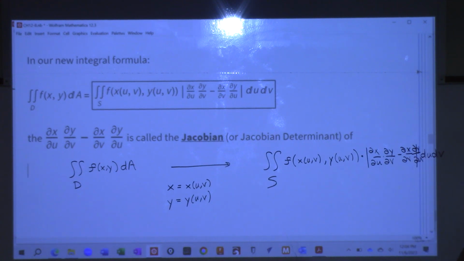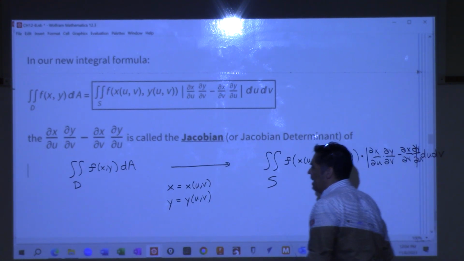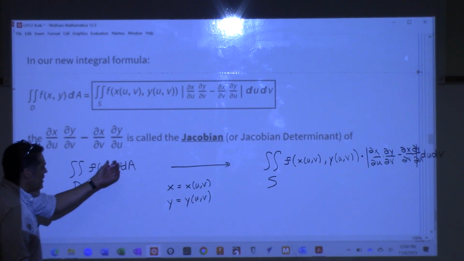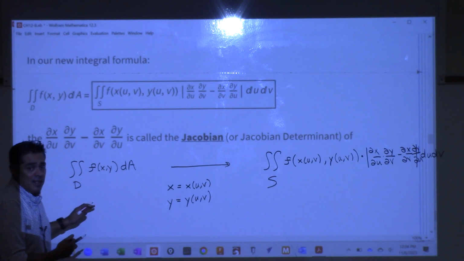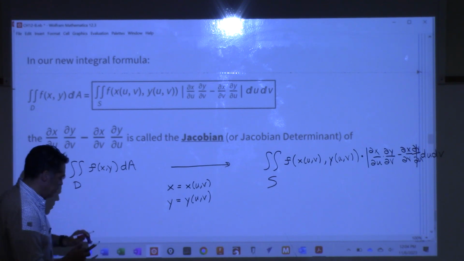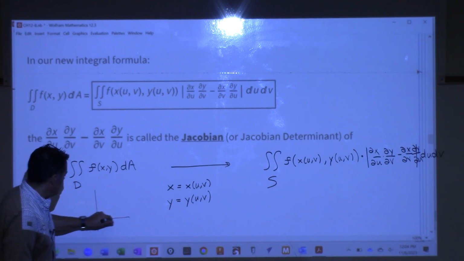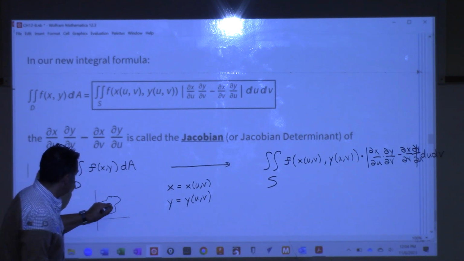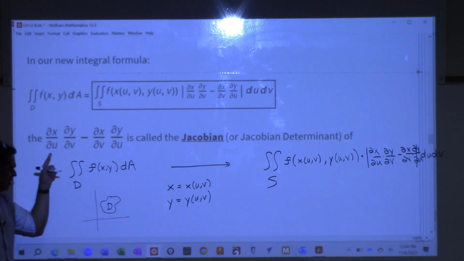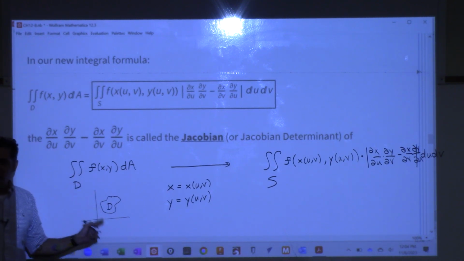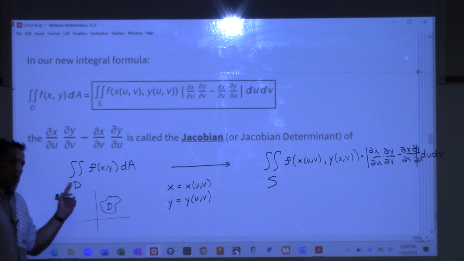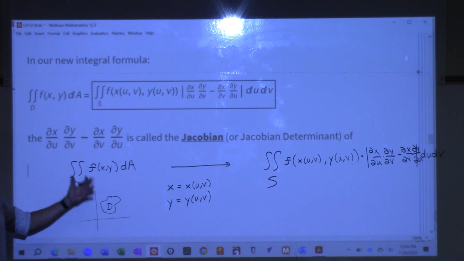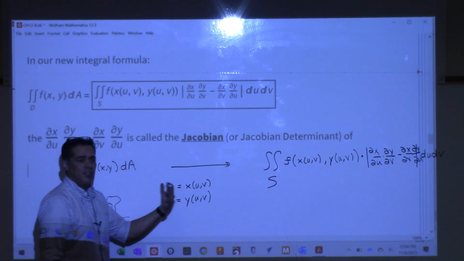So look, it's saying whatever system you're in, this doesn't even have to be Cartesian, but let's just start with Cartesian. If you've got some region D, and you want to do a double integral over that region, and you look at it and say this region is no good for this coordinate system, then you're welcome to change the variables from x and y to two new variables, u and v.